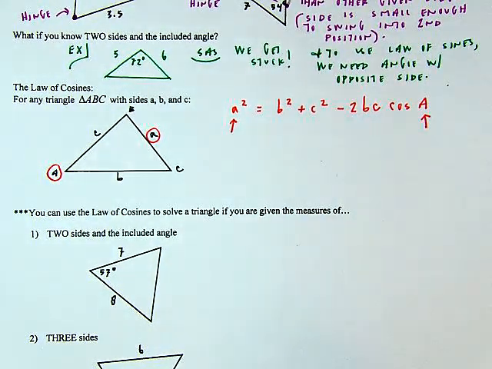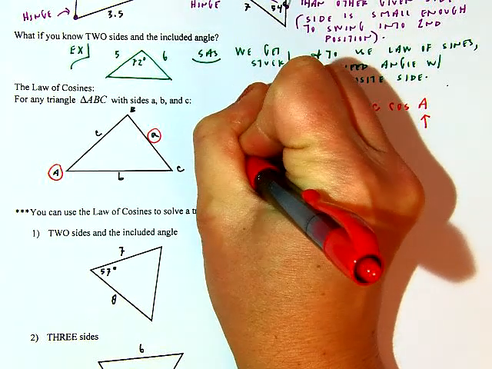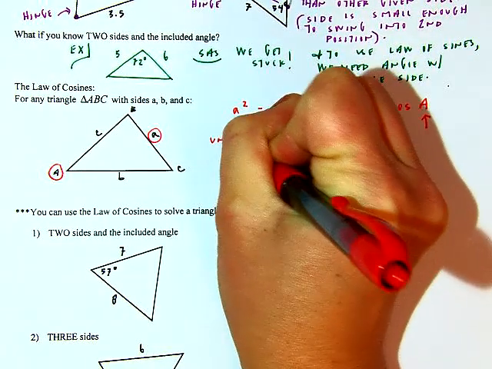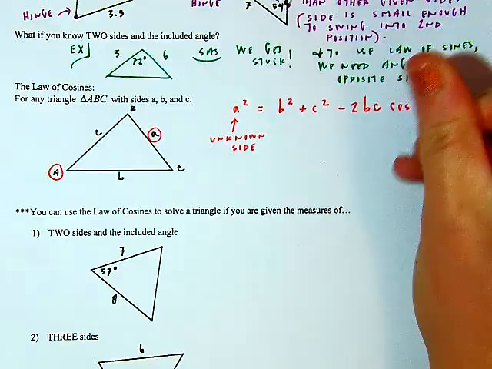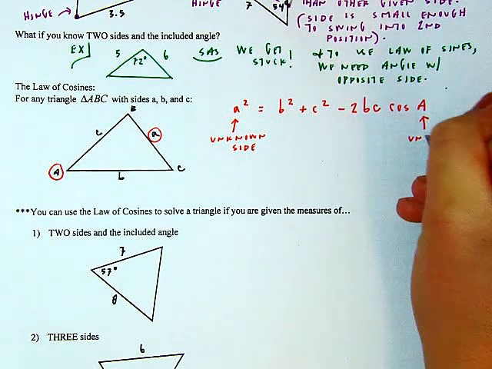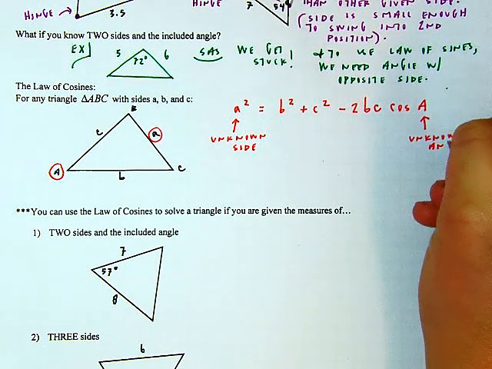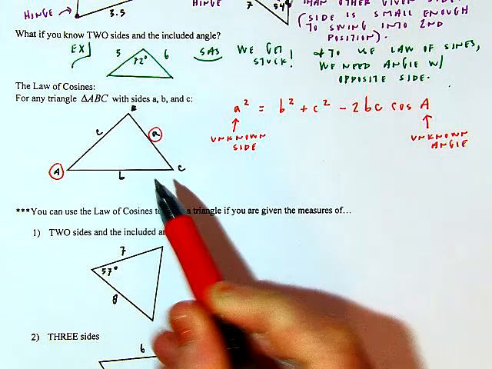So keep in mind that we are either solving for an unknown side or we're solving for an unknown angle. And those are always in opposite positions, right?